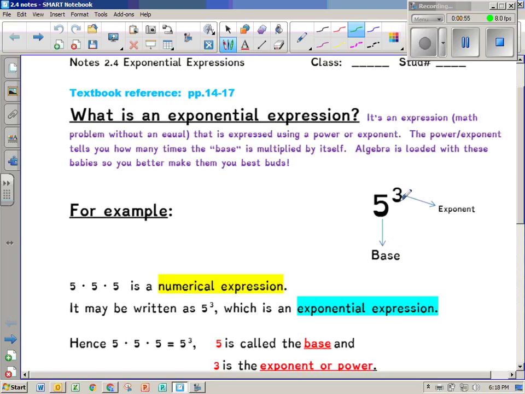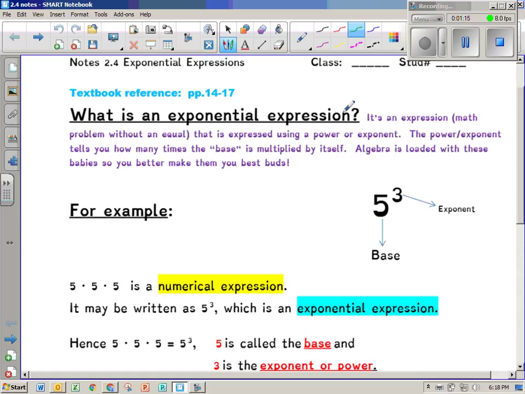Notice the exponent is tiny and raised. It's what we call a superscript. If you get careless, you'll start making your exponents as big as your base, and it'll just look like you wrote the number 53 down. So you have to be really careful.